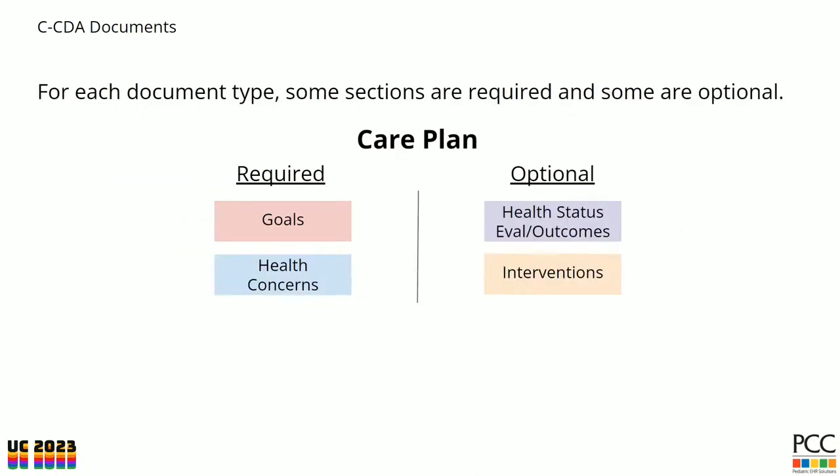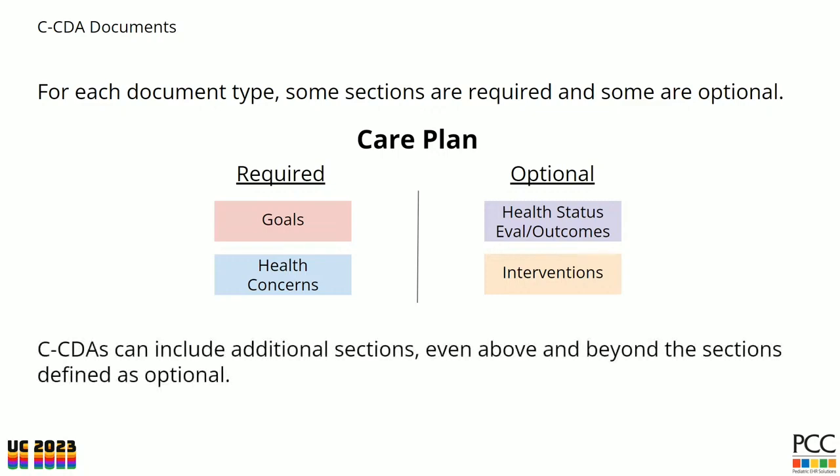For every document type, there's some sections that are required and some are optional. For the care plan type of document, there's 2 required sections, goals and health concerns. And then there's some optional sections that are defined for it. Although, if necessary, CCDAs can include sections beyond what has been defined as optional.